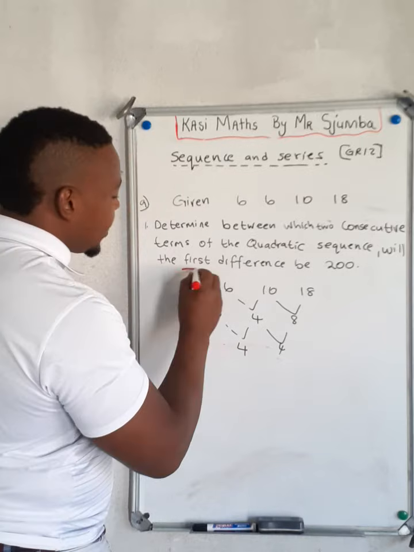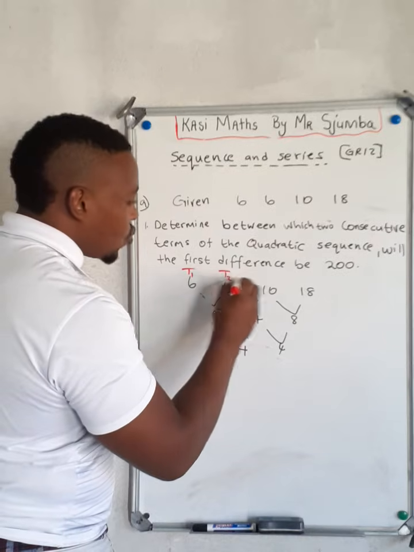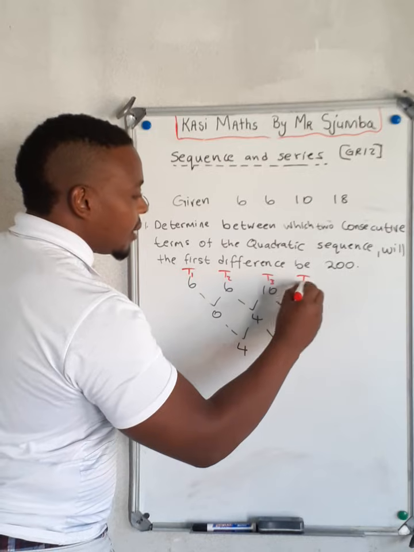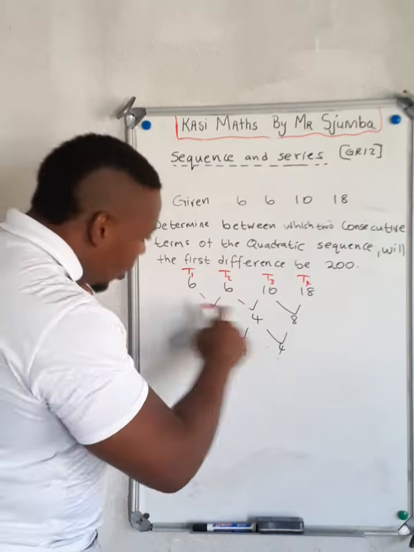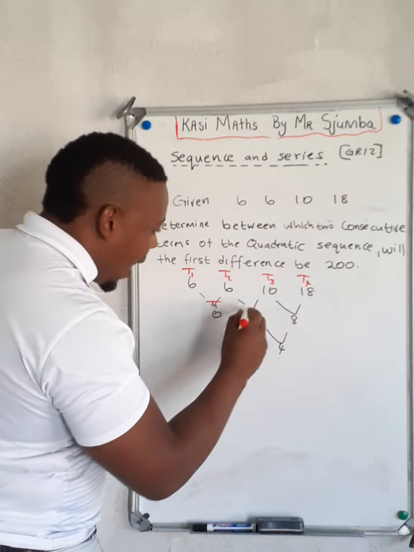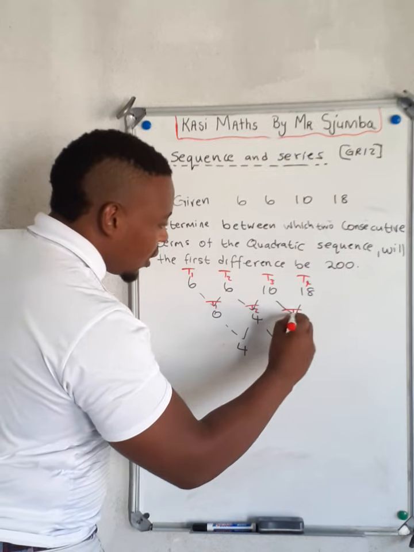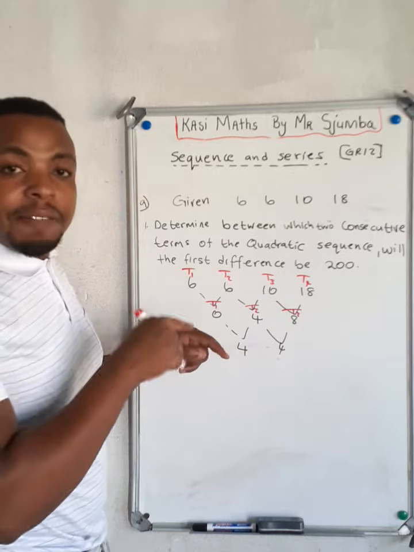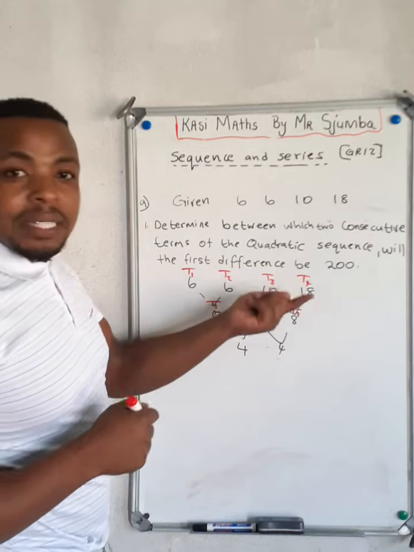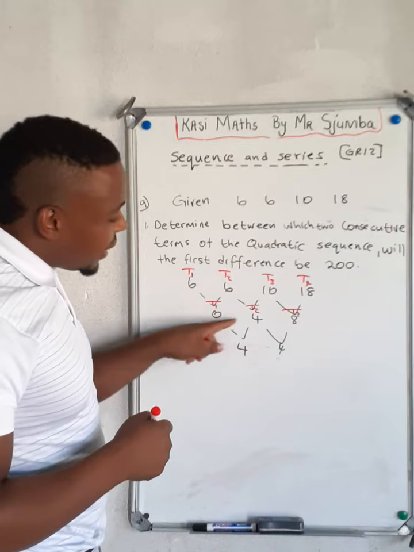So this is term 1, 2, term 3 and term 4 of the quadratic. Then this is term 1, term 2, term 3 of the linear. The first difference of the quadratic gives us a linear.